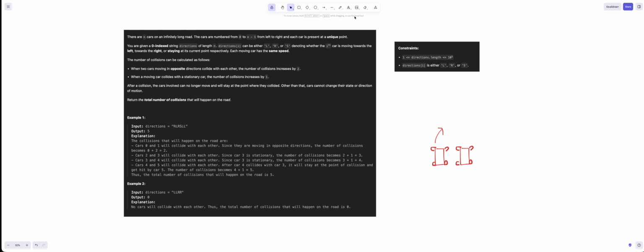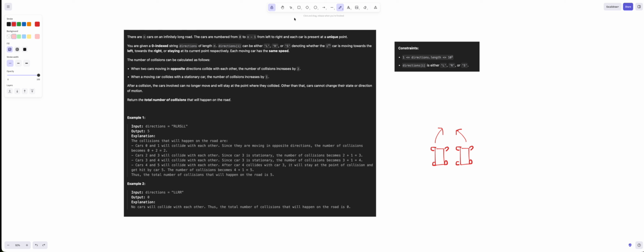So if the collision happens, these two cars are totally stuck here. They're not going to move either way, according to the question, not in the real world. We also change the state of the motion. We have to return the total number of collisions that will happen on the road. They just want to know how many collisions could happen for the given directions of each car.